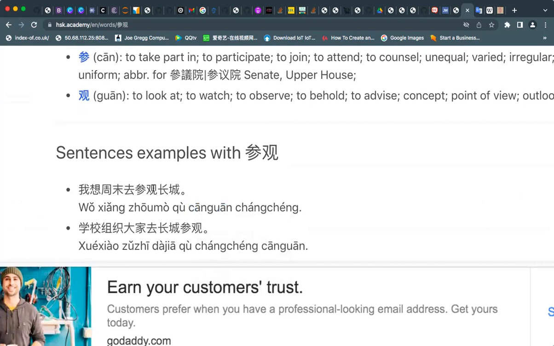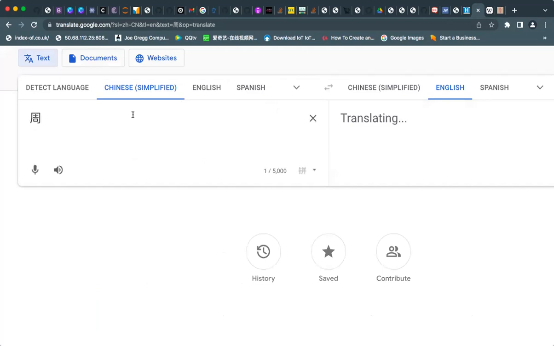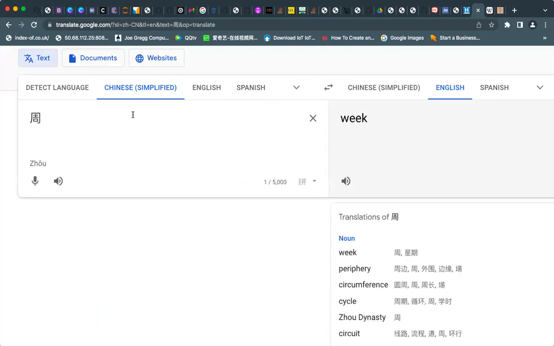What does it say here? I do not know what shawarma means. Let me look it up.